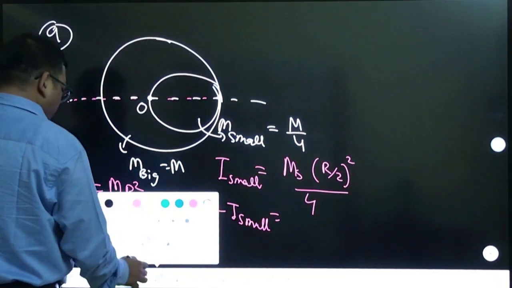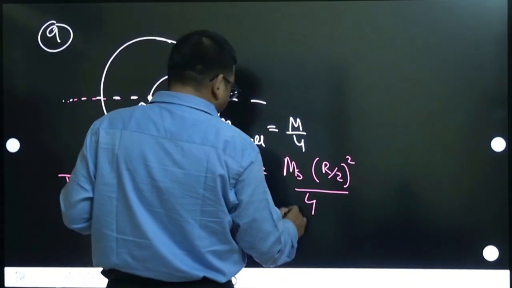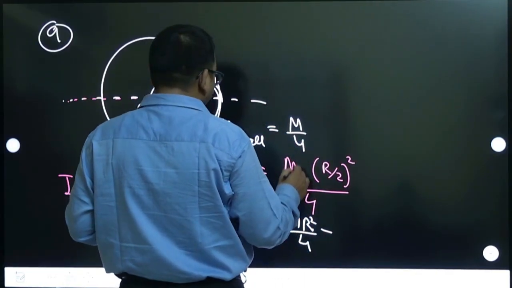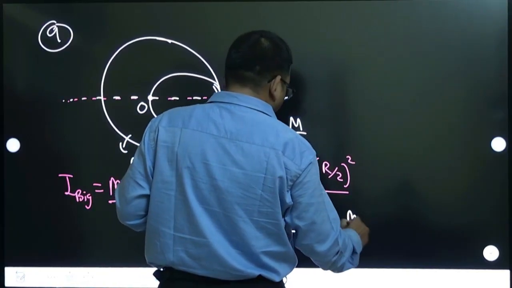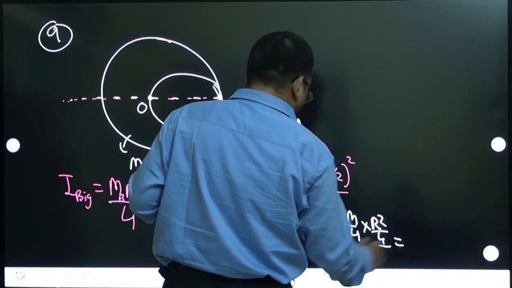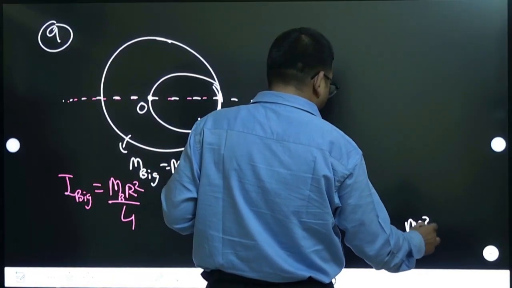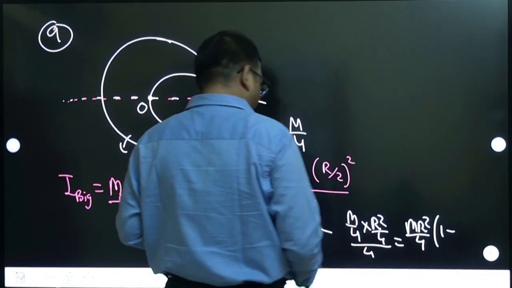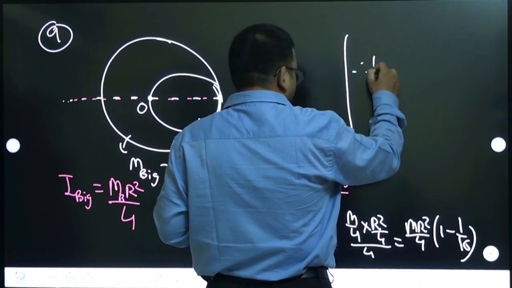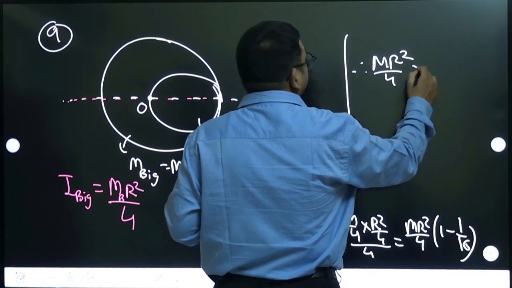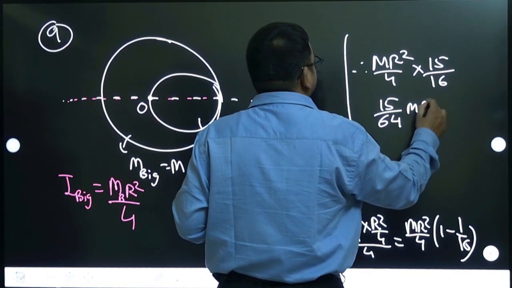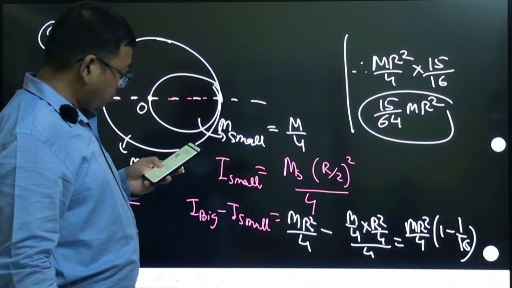Calculate how much it is coming. So this is becoming MR square by 4 minus, here M small is M by 4, so M by 4 times R square by 2 square, by 4. So you can take MR square by 4 common, right? So 1 minus 1 by 16 factor is coming. So what is the answer finally? MR square by 4 times 15 by 16. So 15 by 64 MR square. This should be the answer. 15 by 64.